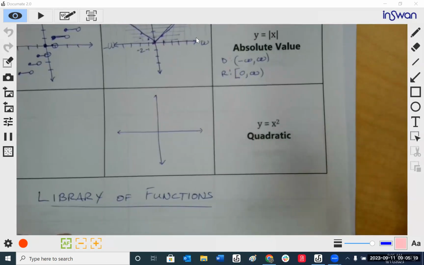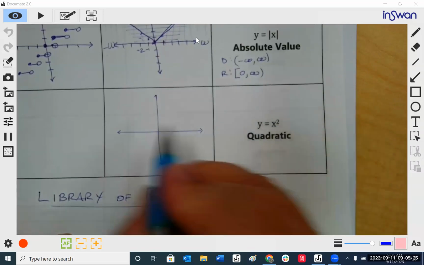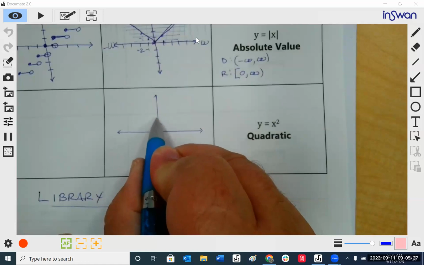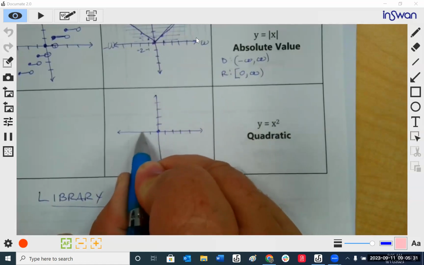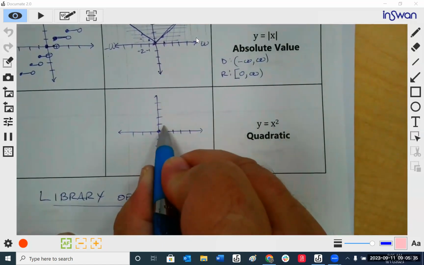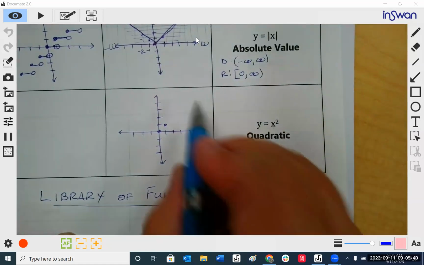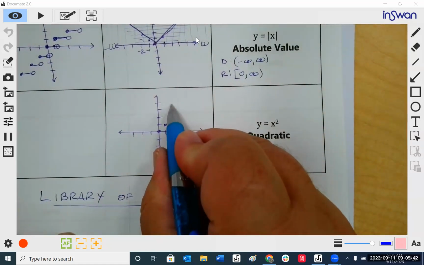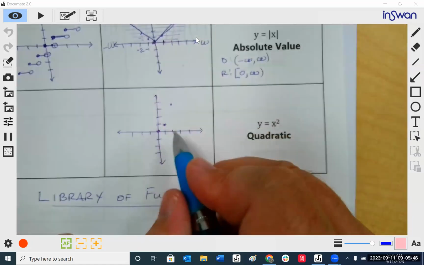If you're not sure about a number, always just plug in some numbers: positives, negatives, and 0. 0 squared is 0. Very good. 1 squared is 1. 2 squared, 3 squared, that's all up there.